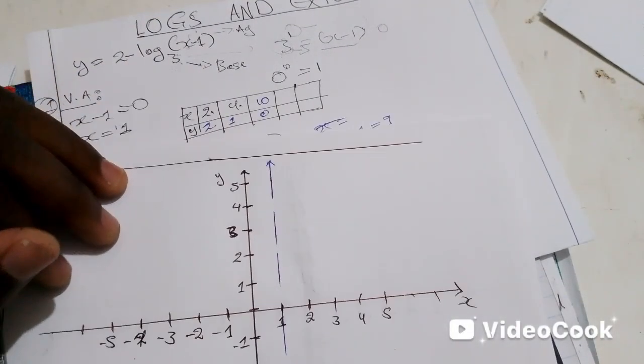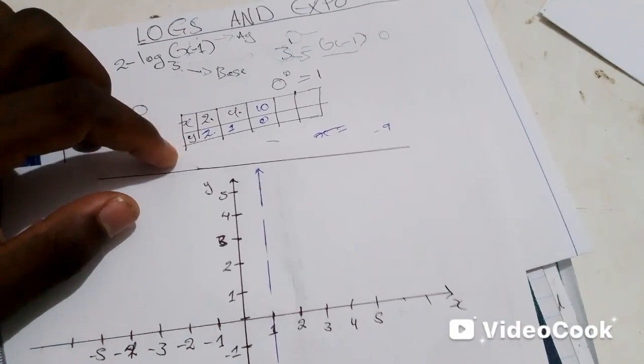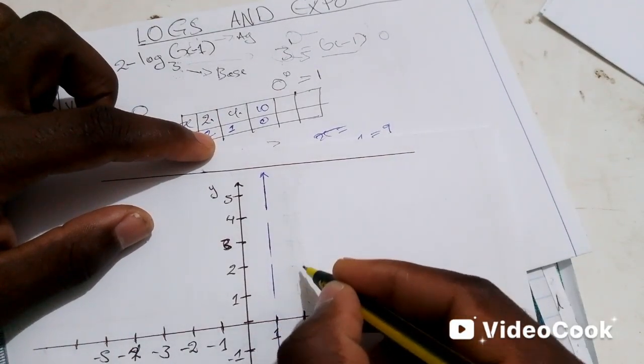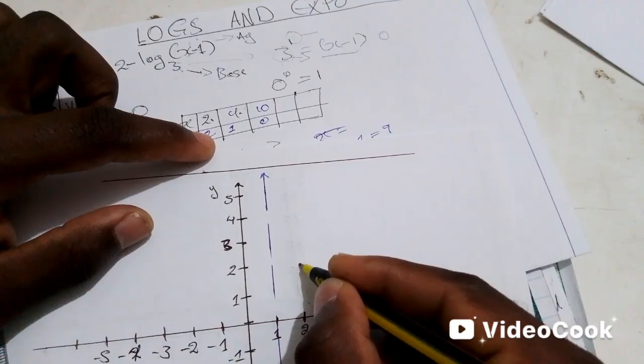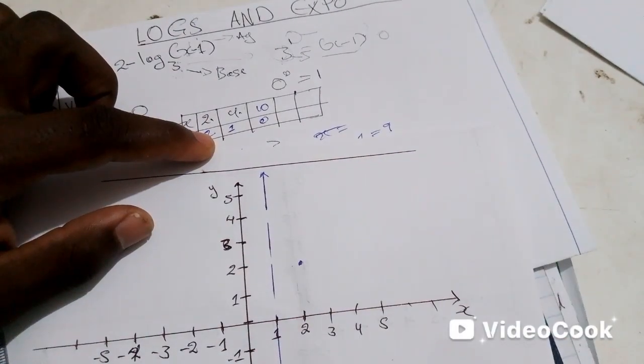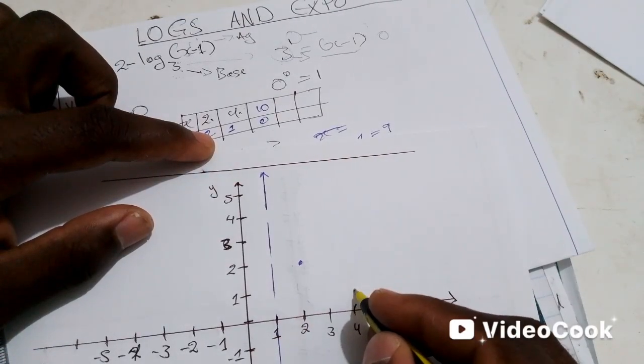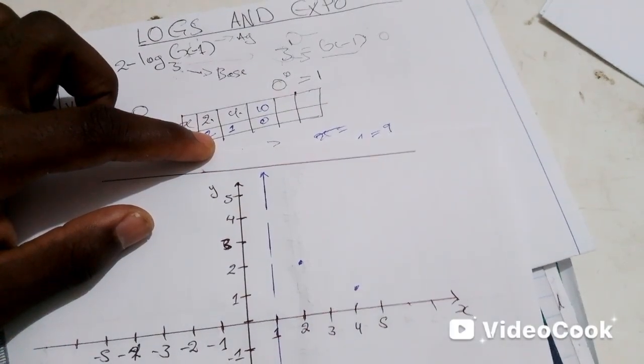So we had our coordinates. We have 2, 2, which is somewhere here. We have 4, 1. 4 is here, and 1 is somewhere here. 4, 1 is there.